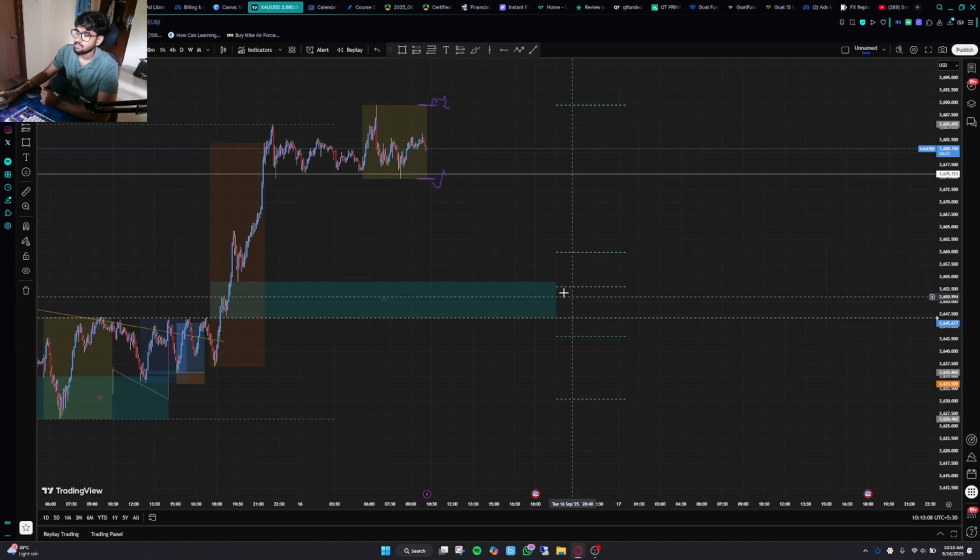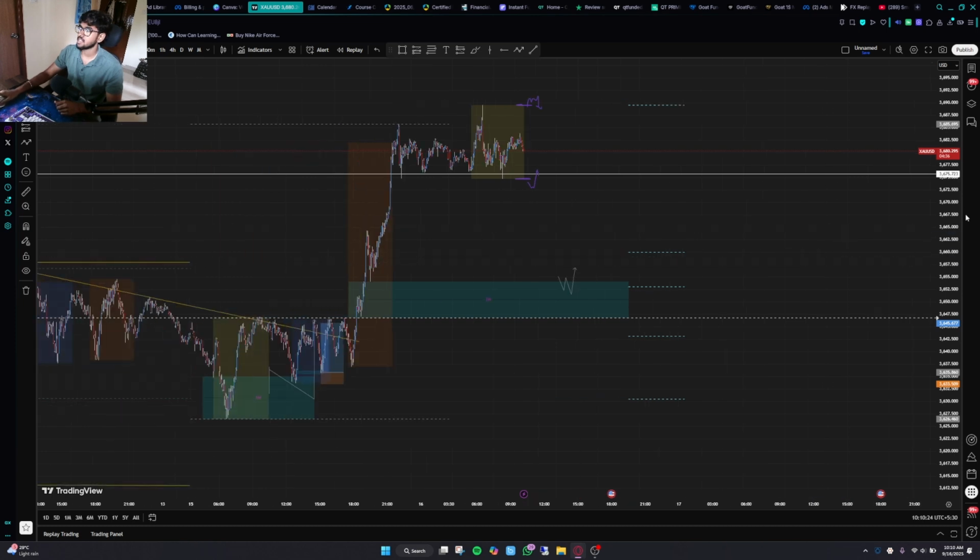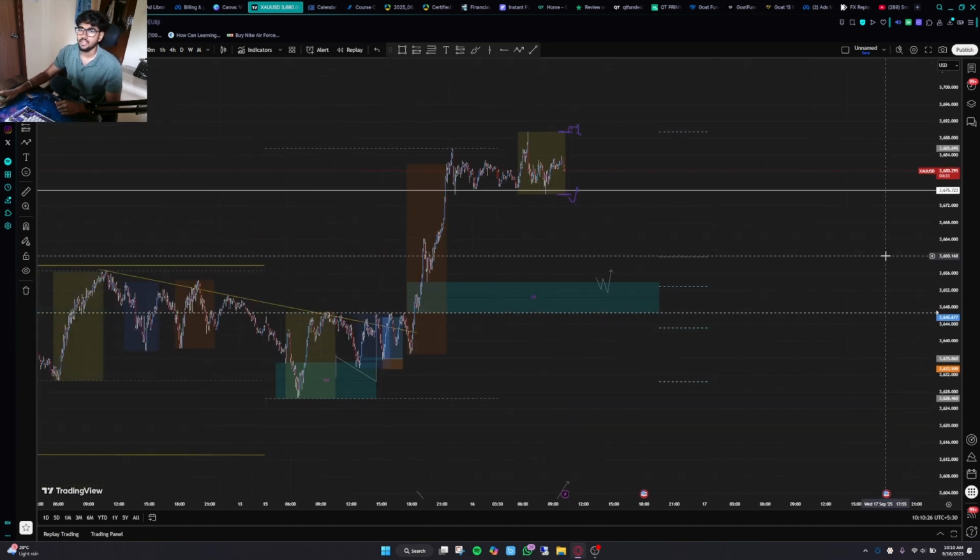And around the 60% is a very high probability good discount zone to buy your longs from. So if you're targeting something, you guys can target something from this region. And so yeah, that is it. It's pretty easy analysis for today.